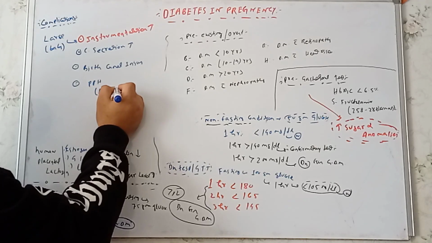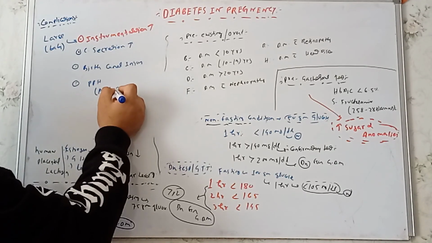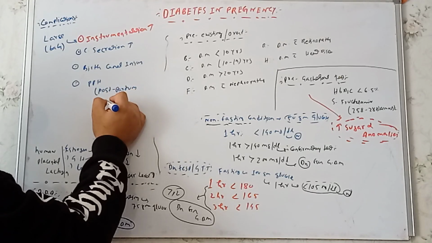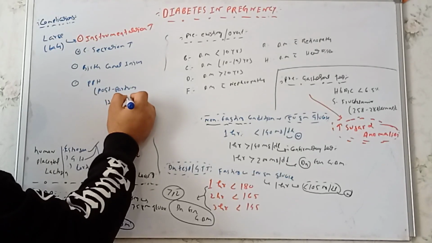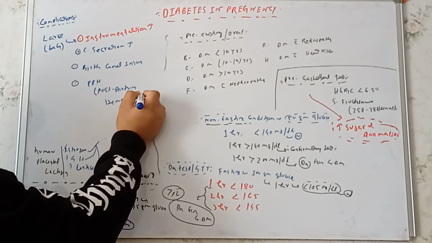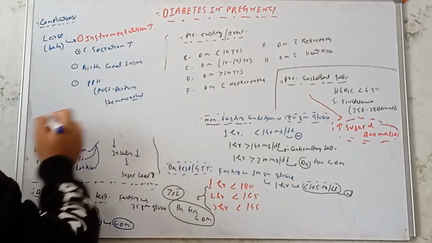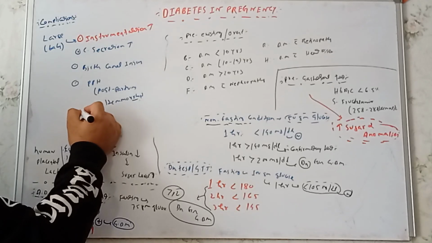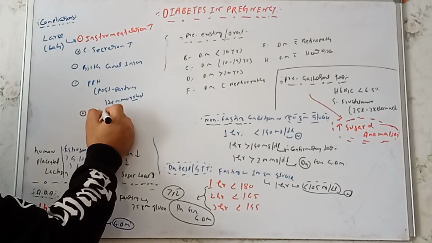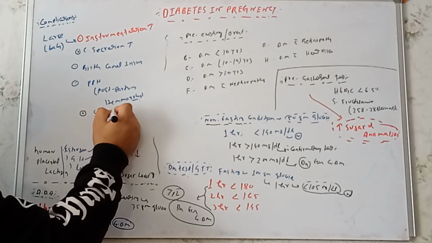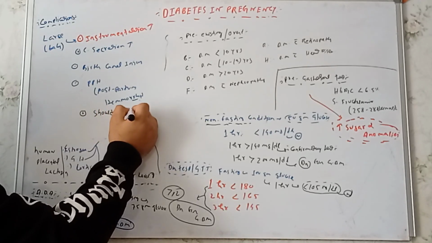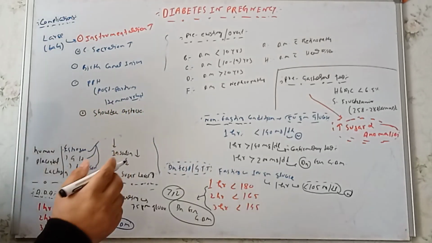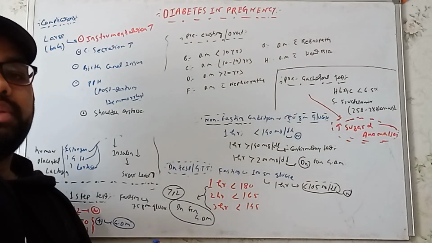Another important complication, whenever the fetus or the baby comes out, is what is known as shoulder dystocia. Shoulder dystocia. So what are the complications we can get from the mother's point of view?